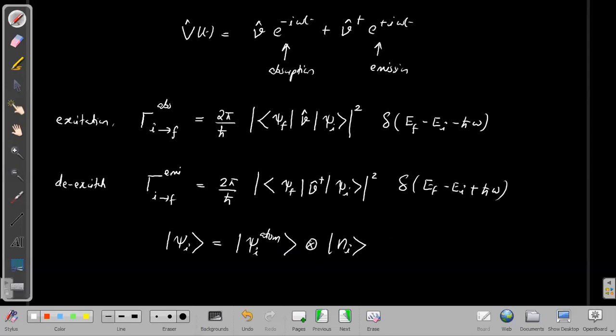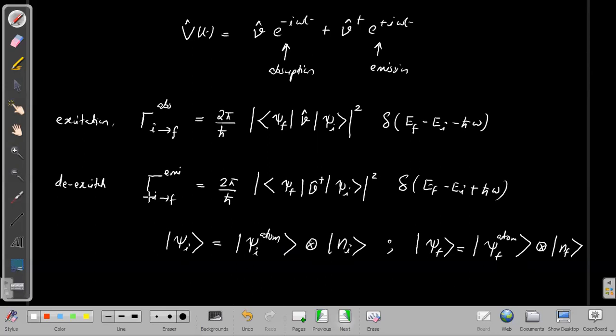And what about psi f? Psi f is the final state of the atom times Nf. I'll be using this expression in the next pages.